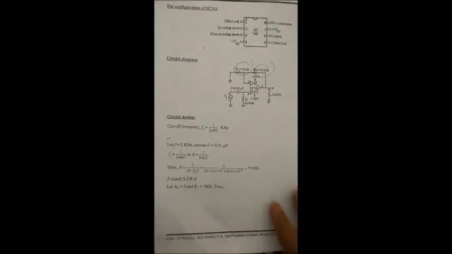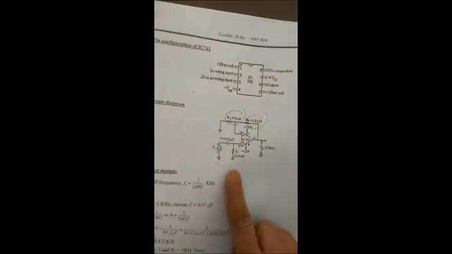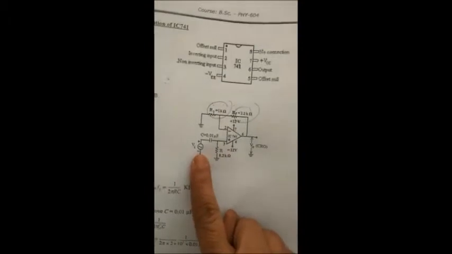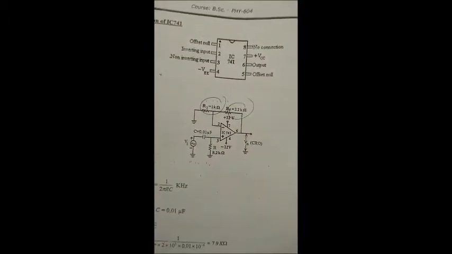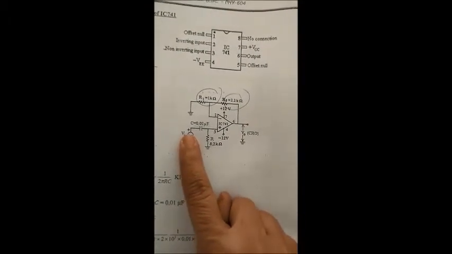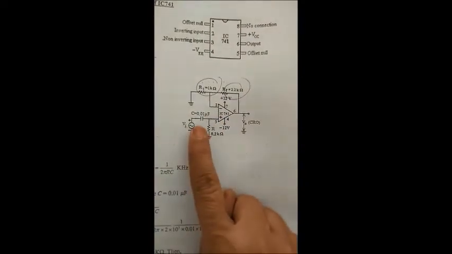The second designing you have to see is the gain of the operational amplifier. As you can see in the circuit diagram, the operational amplifier is in the non-inverting configuration, that is, the input signal is applied to the non-inverting terminal through the resistor and capacitor. Theoretically you know that the gain of the non-inverting amplifier is given by 1 plus Rf by R1.